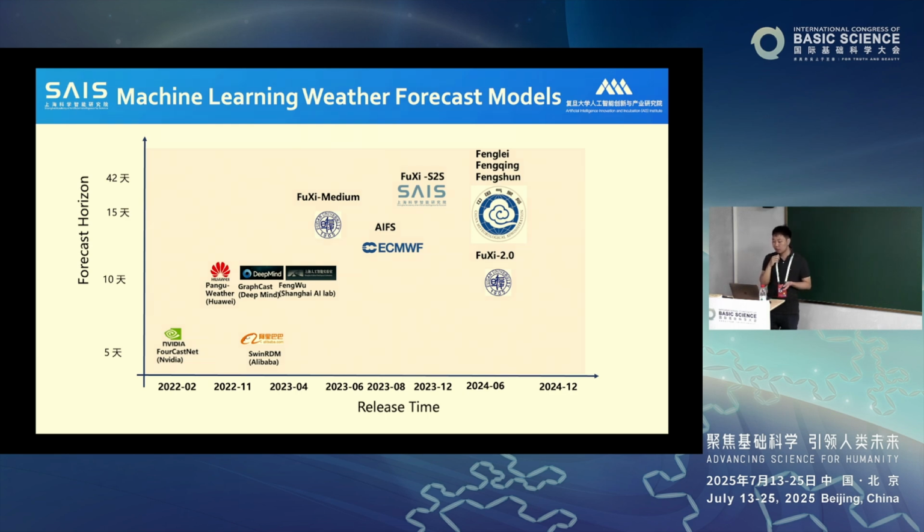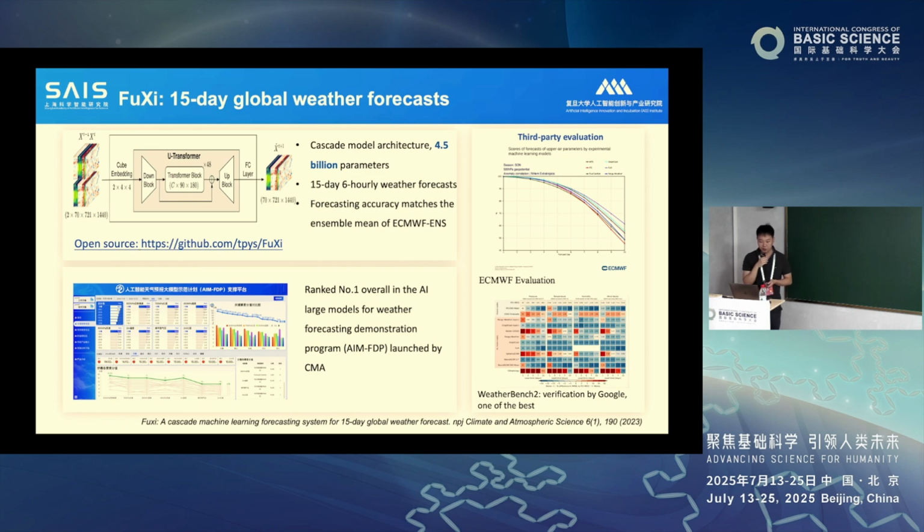Before that time, most people didn't believe this. After that, the paper that brought us here is FuXi, the medium-range weather forecast released in June 2023, and it is the first machine learning model that achieves a 15-day global weather forecast.